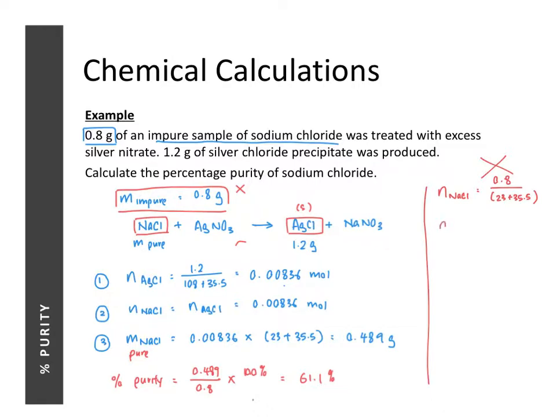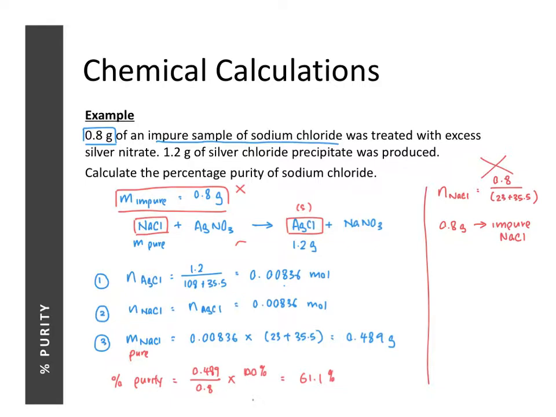Because 0.8 grams is for your impure sodium chloride, meaning sodium chloride mixed with something else. So we cannot use this mass to find the number of moles of sodium chloride because we don't know how much of it there is. Not all 0.8 grams of this solid is sodium chloride.